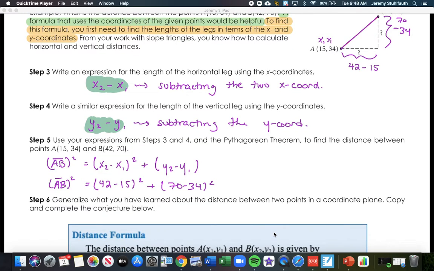If we evaluate this, AB squared is equal to 42 minus 15 squared, which gives us 729, and then 70 minus 34 squared gives us 1,296. Then to find the length of AB, we would take the square root of both sides, and that would tell us that AB is equal to 45 units long.